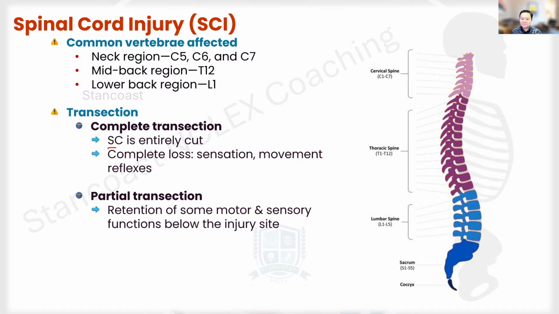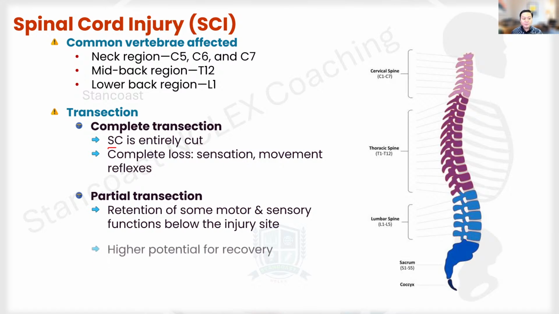They will still have those. Now, the patient with a partial transection will have a higher potential for recovery. And also the patient will recover early if the patient is getting immediate attention. They will get the medical treatment as early as possible in order to prevent further damage to the spinal cord.